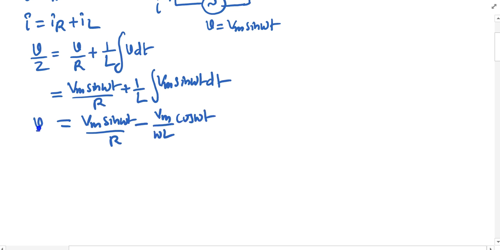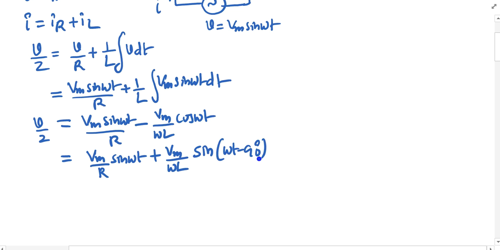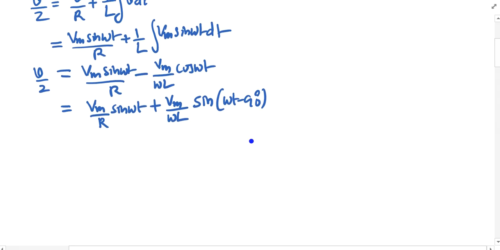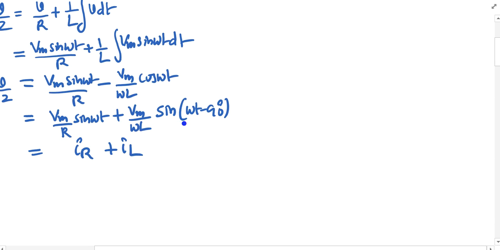So this is nothing but V by Z. What you are getting here is Vm by R sin omega t plus Vm by omega L sin(omega t minus 90 degrees), since I am converting cos omega t into a 90 degree shift. This is your IR current, and this is your inductor current. So the IL current is lagging the IR current by 90 degrees.